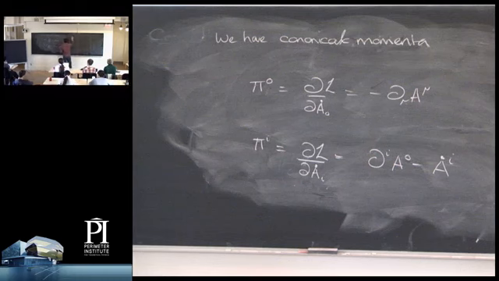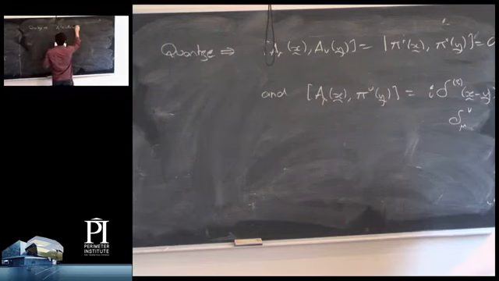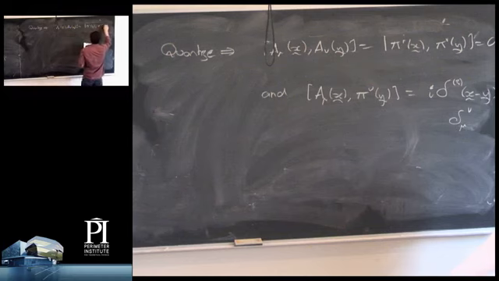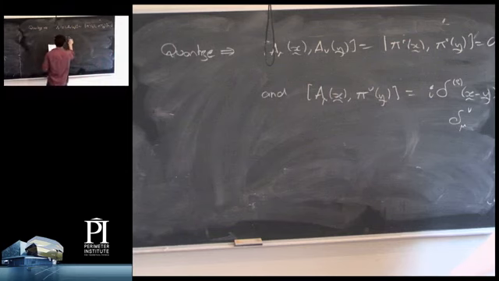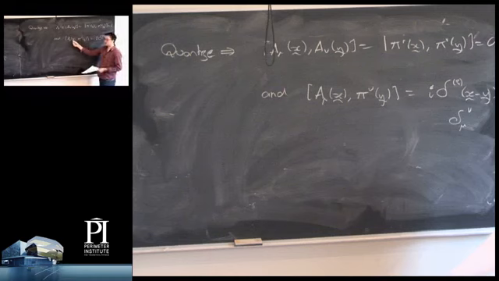Okay, what do we do now? We quantize. That just means we impose canonical commutation relations. We're going to work in the Schrodinger picture to begin with, because there's little twiddles under the arguments here.